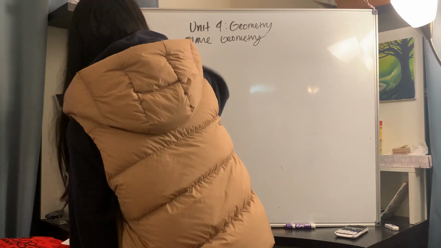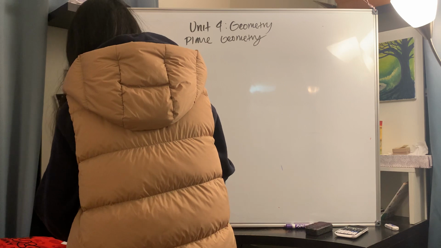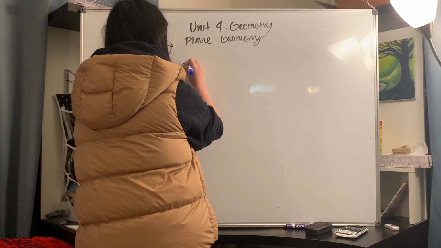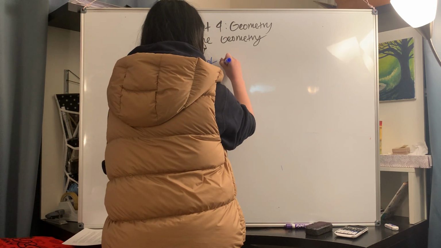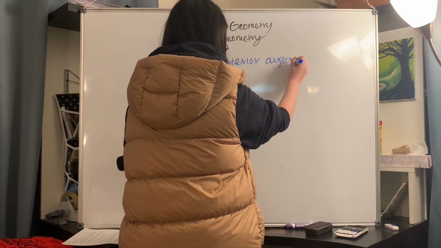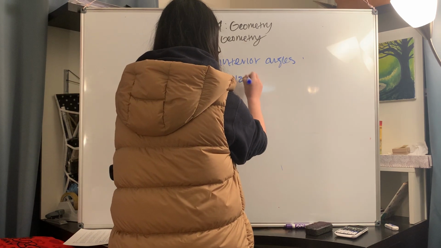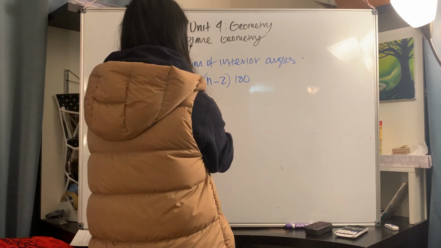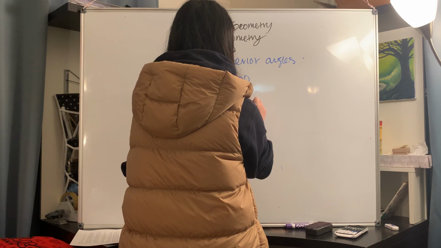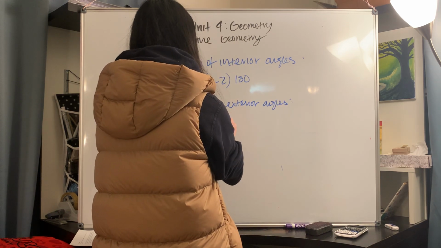So, sum of interior angles is this equation right here: N minus 2 times 180. And then the sum of exterior angles is always going to be 360.